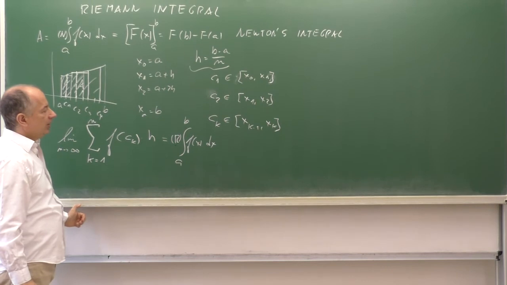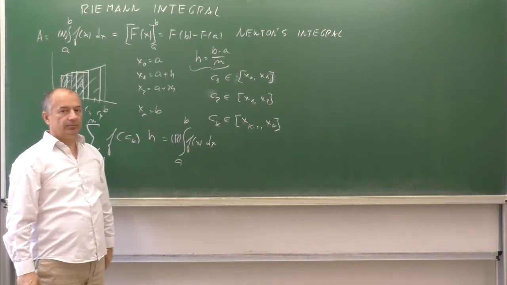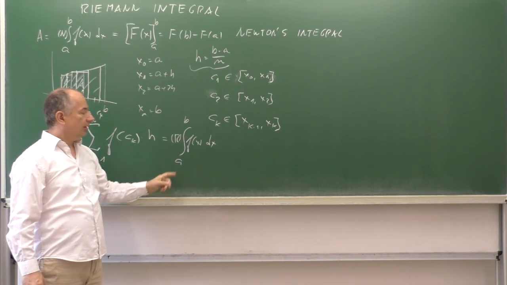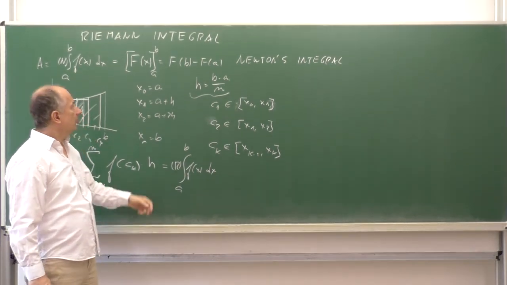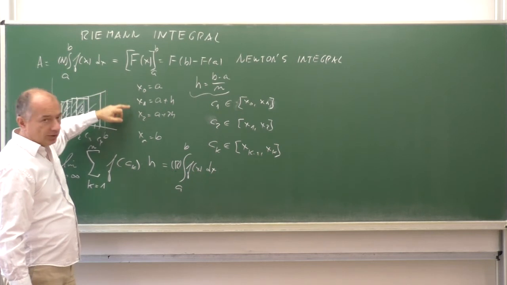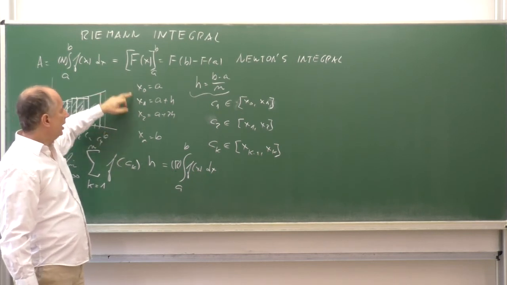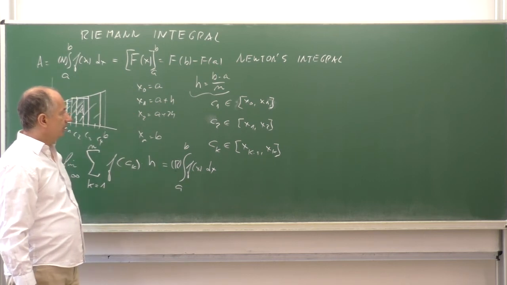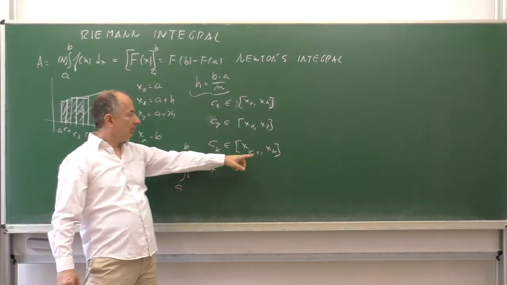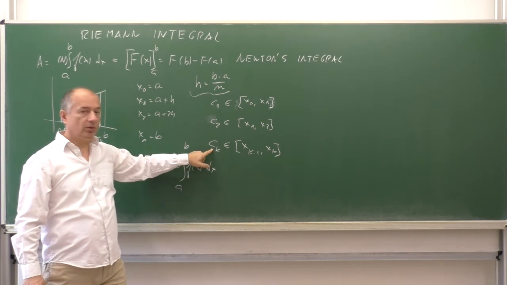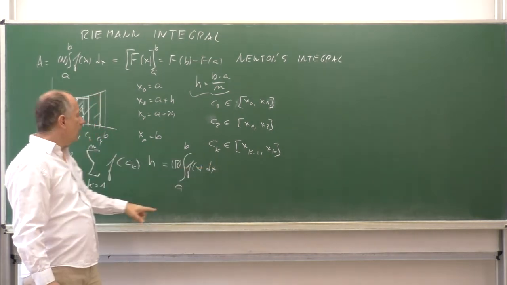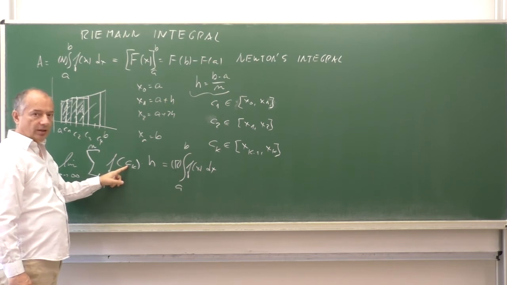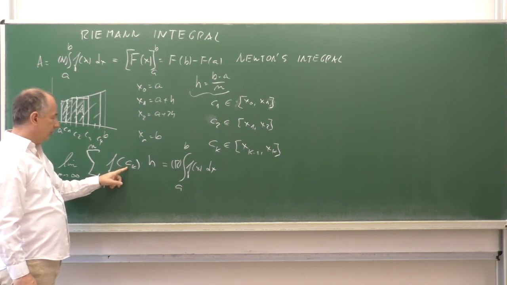Let me repeat it once again. We have a function defined in the interval AB. We divide the interval AB by n plus 1 points into n intervals. And these points will be equidistant. In each interval, we choose some point ck. We evaluate the function at each ck point.